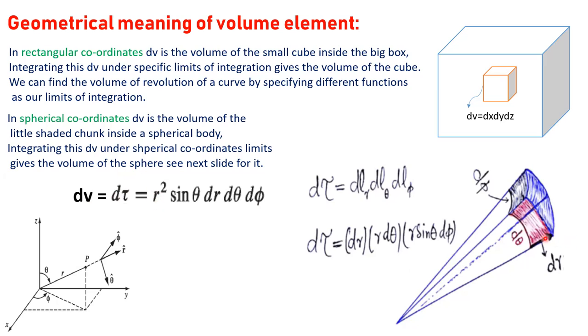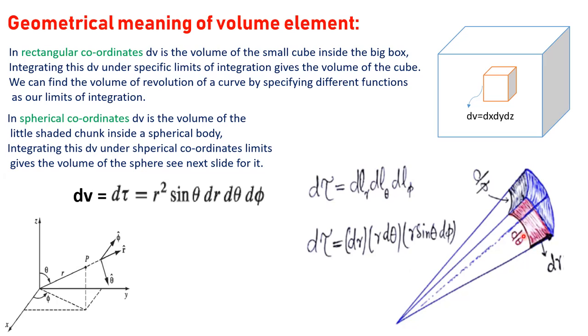For example, here I have taken this piece. Let's suppose this is a slice taken from a spherical watermelon. What is the volume of this shaded region, the red, blue, and black shaded region? This volume is represented by d tau or dV, and this is the volume element in the spherical coordinate system.